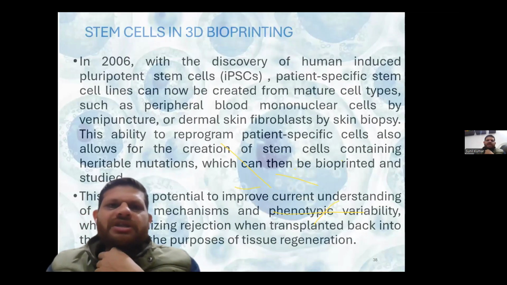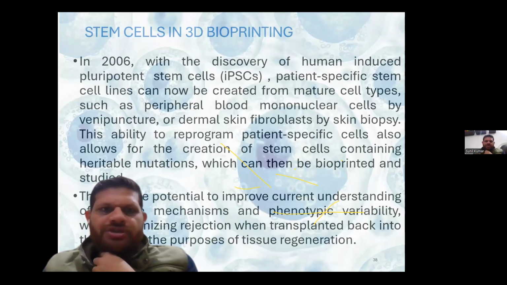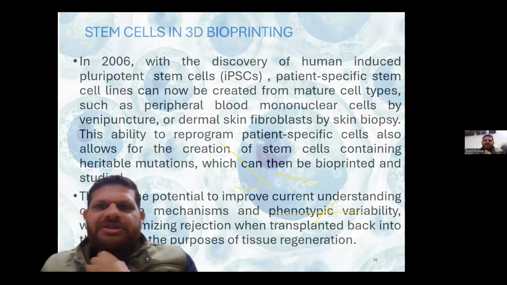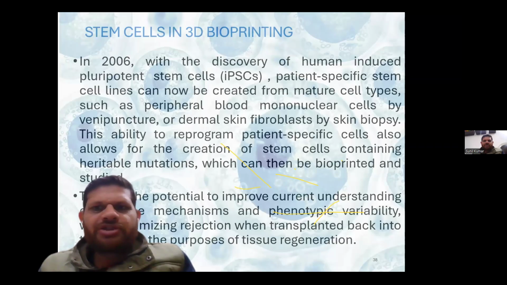So in this direction, in 2006, with the discovery of human induced pluripotent stem cells, that is iPSC, patient-specific stem cell lines can now be created from mature cell types also. Previously, this was done when stem cells were stored for a newborn baby, but now we can do it for a mature person also.